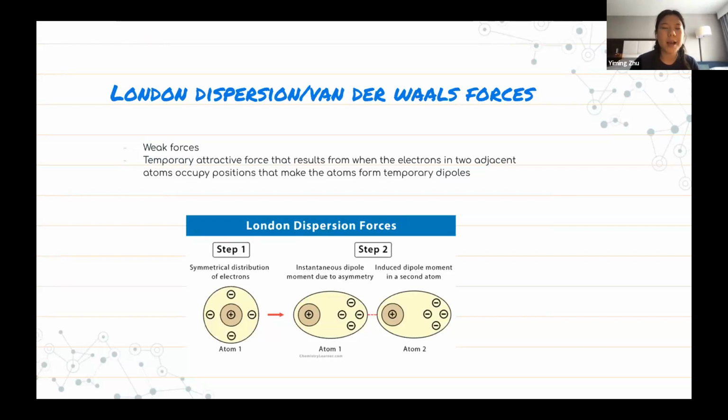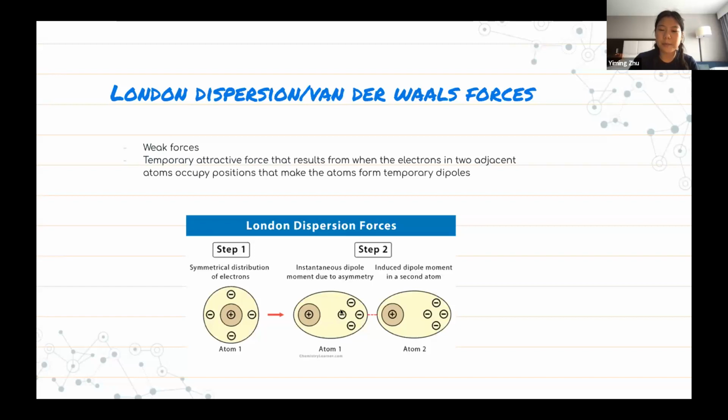I know that might sound a little bit confusing, but here's a picture to help. You have this one atom, right? A temporary force makes all of these electrons go over to one side. And once they've gone over to one side, you can see that this side is now positive while this side is now negative.